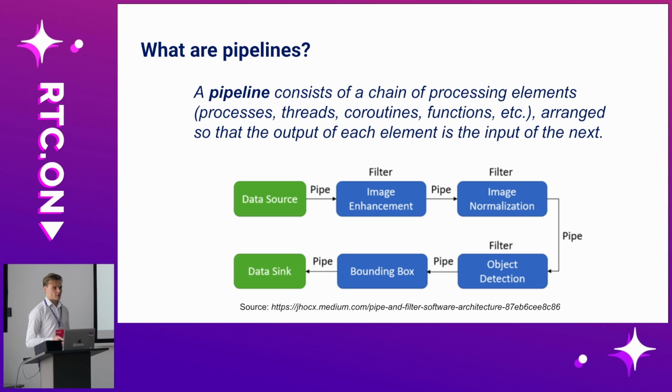Pipelines are all about data processing. And the abstract concept of a pipe, which sits between particular elements of a pipeline, is a representation of the interface where you put the output of one element as the input to the other.